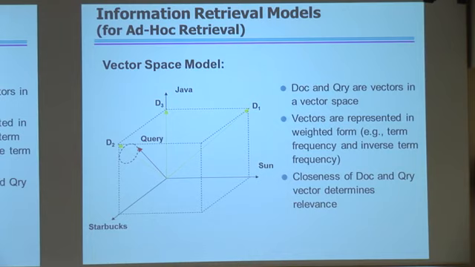And the two very important concepts introduced by the vector space model are term frequency and inverse term frequency. Especially the inverse term frequency is very intuitive. This means we want to detect the most useful or most important query term in the user query.